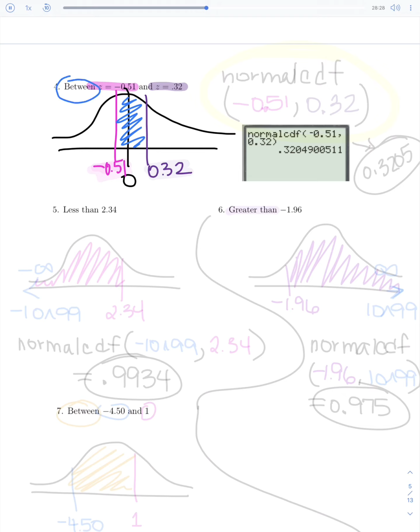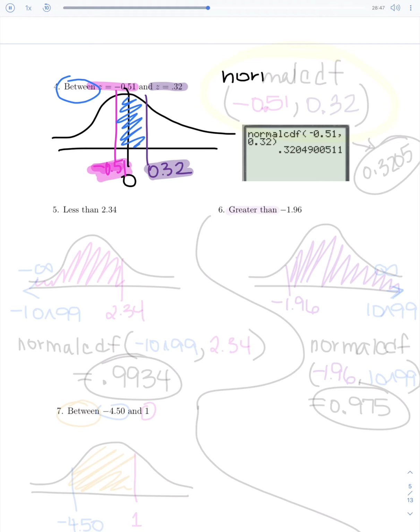What's interesting about this one is this is the first one we've actually gotten to do where we actually have a starting value on the left of negative 0.51 and an ending value of 0.32 on the right. So we can use our normal CDF normally.